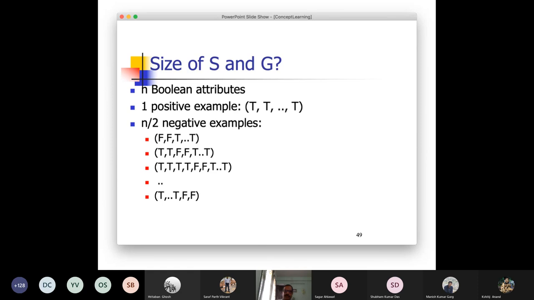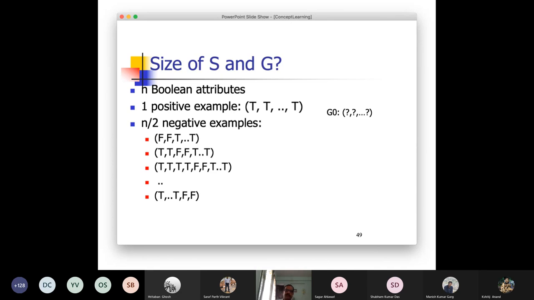Now you have the attributes, so this is a dimension. Each attribute is a binary valued attribute, either true or false. It could be of any dimension, say d dimensions. Suppose you have n dimensions; there are n such attributes.